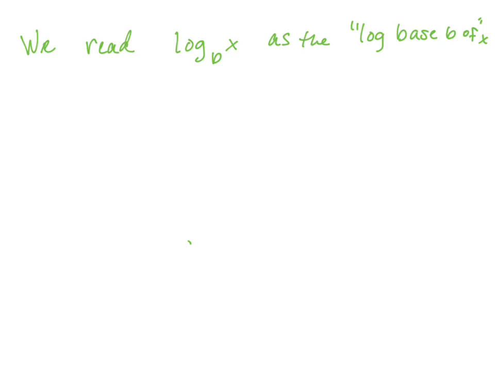So when you see the letters that have a log and then a little b down below, and then an x, the words that we say are "log base b of x." Those are quotation marks, like things that we might say out loud.